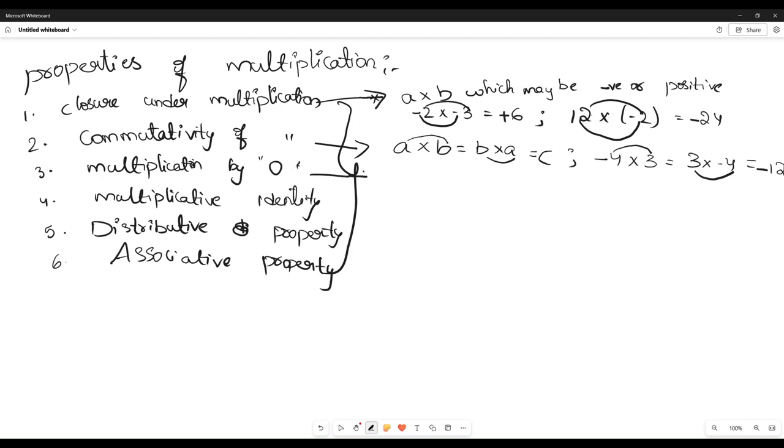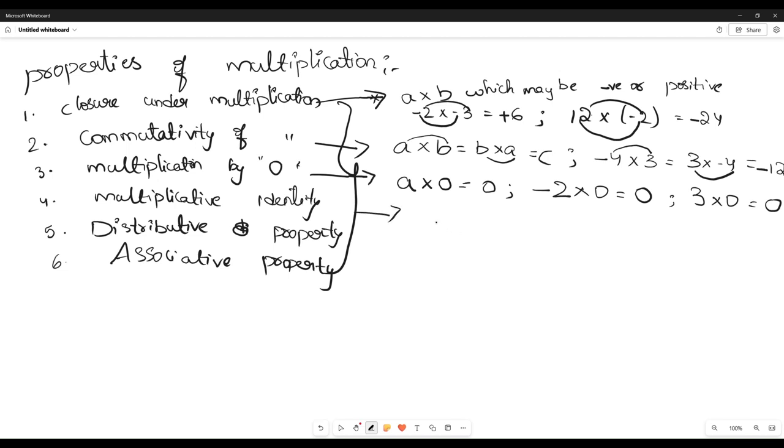And the multiplication of 0. It is nothing but if you multiply 0 with any number, we always get 0, either a positive integer or a negative integer. Let's see. Minus 2 into 0. What do we get? Always 0. With a positive integer, 3 into 0. Again, it is always 0. And the multiplicative identity.